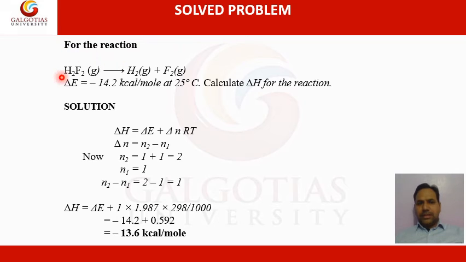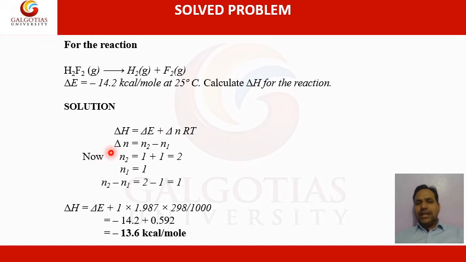For the reaction, H2F2 gas is converted to hydrogen and F2 gas. Delta E is equal to minus 14.2 kilocalorie per mole at 25 degrees centigrade. Calculate delta H for the reaction. Delta H is equal to delta E plus delta n RT.